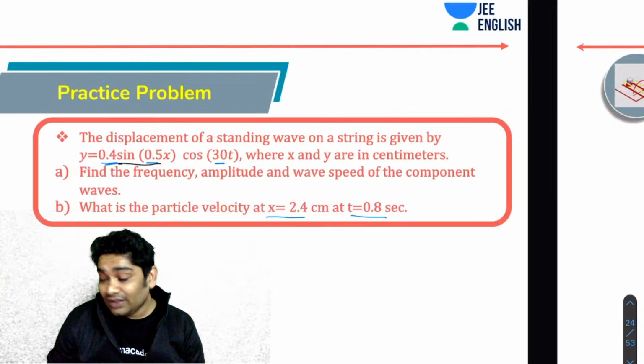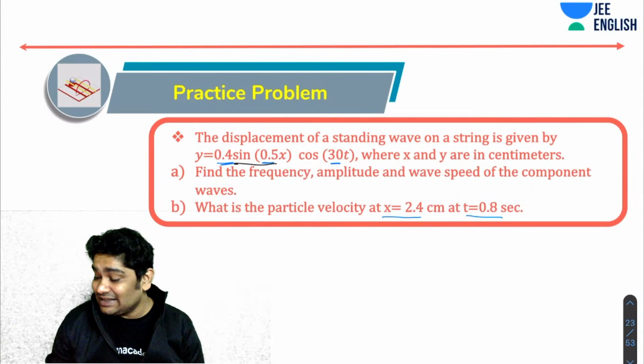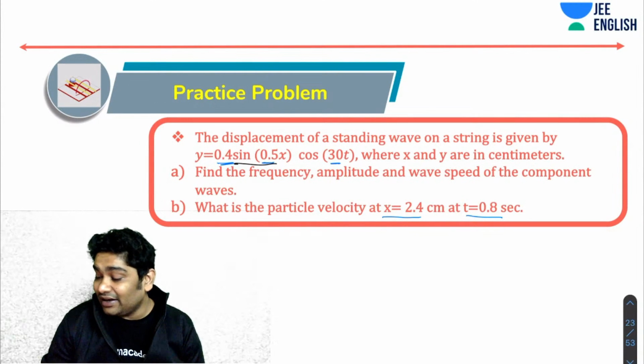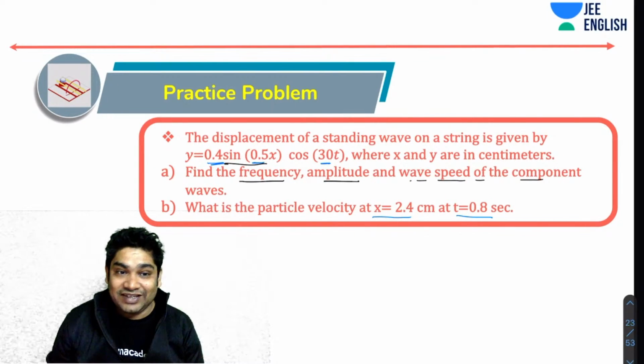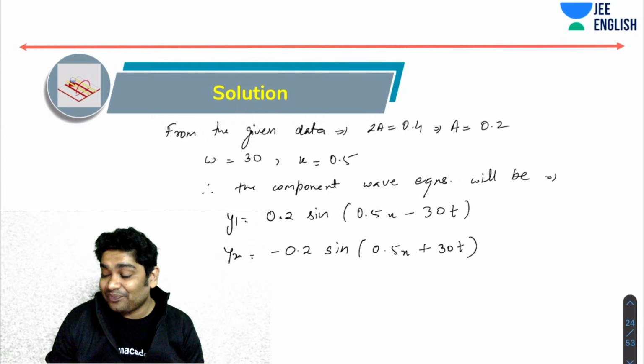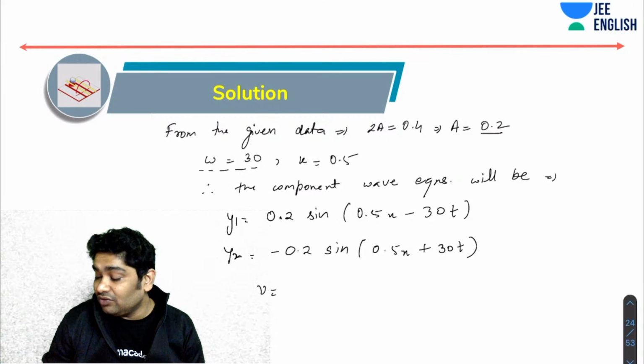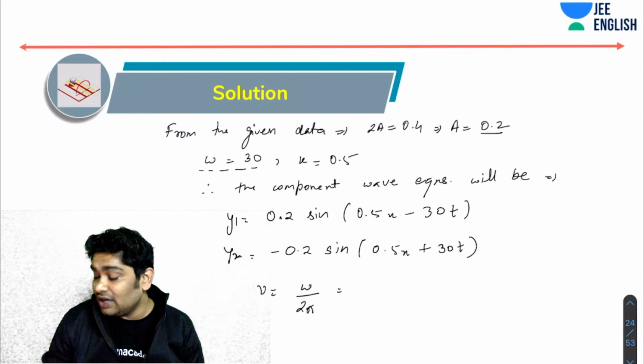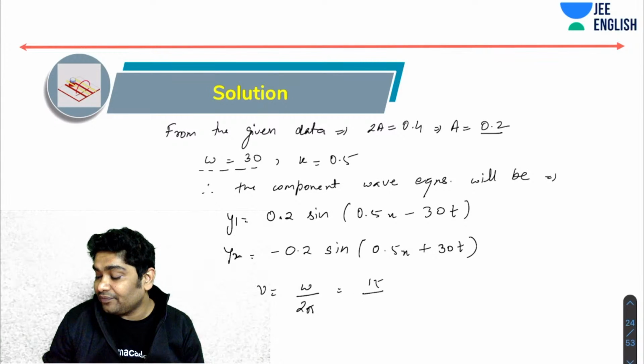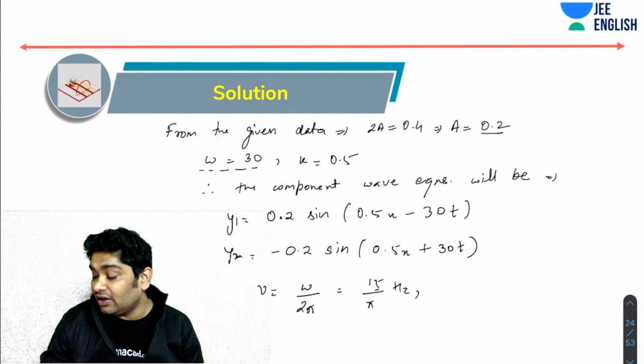Now, once I know this, I can tell you the frequency, the amplitude, and the wave speed of the component wave. Everything is very, very easy. Once I know the equations, what is the amplitude? A is this. I already told you that omega is this. So frequency nu would be equal to omega over 2 pi, so that is 15 over pi hertz. Now, since you know k, you will figure out lambda also.